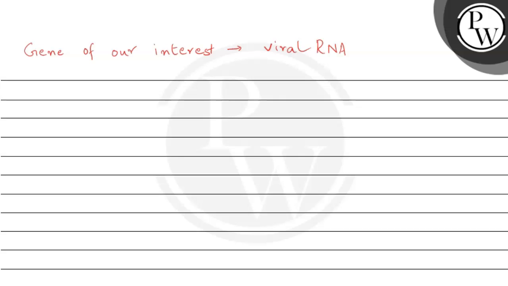Therefore, in that way, the host cell now has the gene of our interest, because the viral DNA which was produced from the RNA was having the gene of our interest. So in this way, retroviruses are used as cloning vectors.